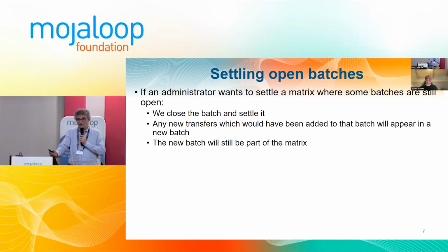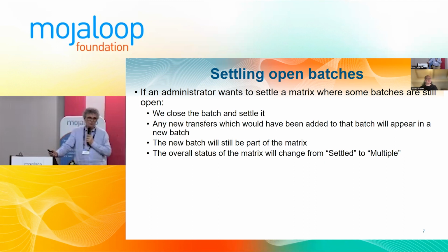The new batch will still be part of that matrix. If you look at the matrix again, you will see it there. And the overall status of the matrix will change from settled to multiple. So you'll be able to see immediately that a matrix contains batches with more than one status.